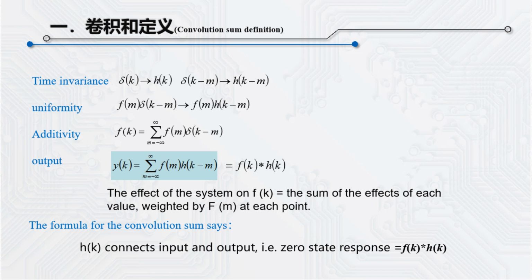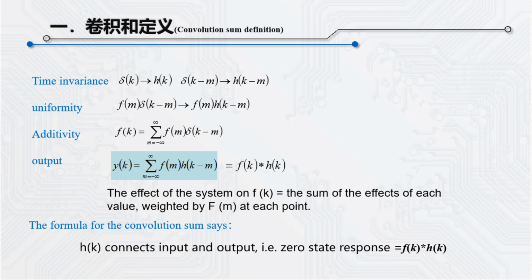According to the uniformity, when the excitation becomes f of m times delta of k minus m, the zero state response is f of m h of k minus m.